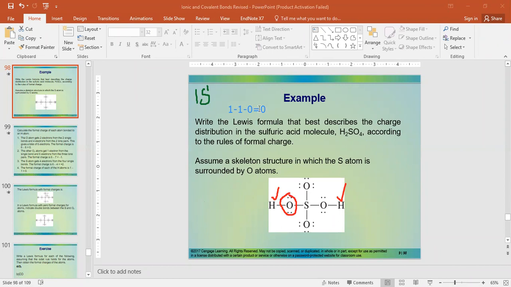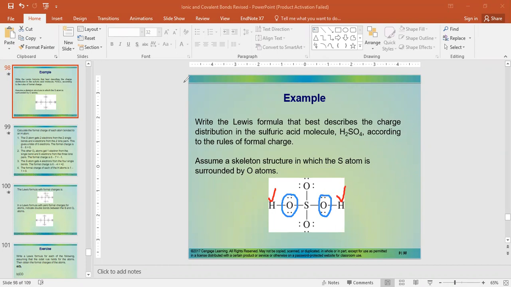Now just one moment. I highlight what we are looking at. So we have looked at that. We have looked at that. So what we want to do now is that oxygen, which is going to be the same as this.